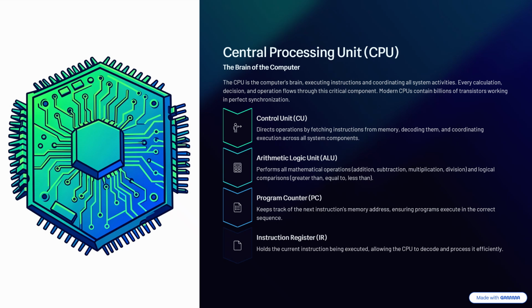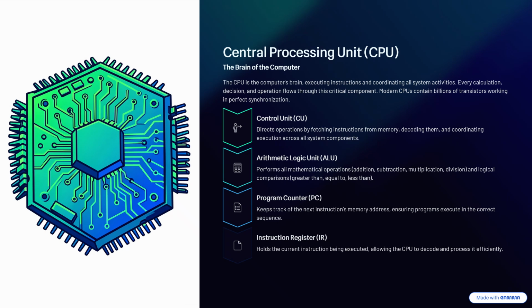After that, the arithmetic logic unit, ALU. This is the computer's calculator. If you are playing a game or editing a photo, the ALU is doing the heavy lifting, handling all the addition, subtraction, and logical decisions like checking if one number is bigger than another.